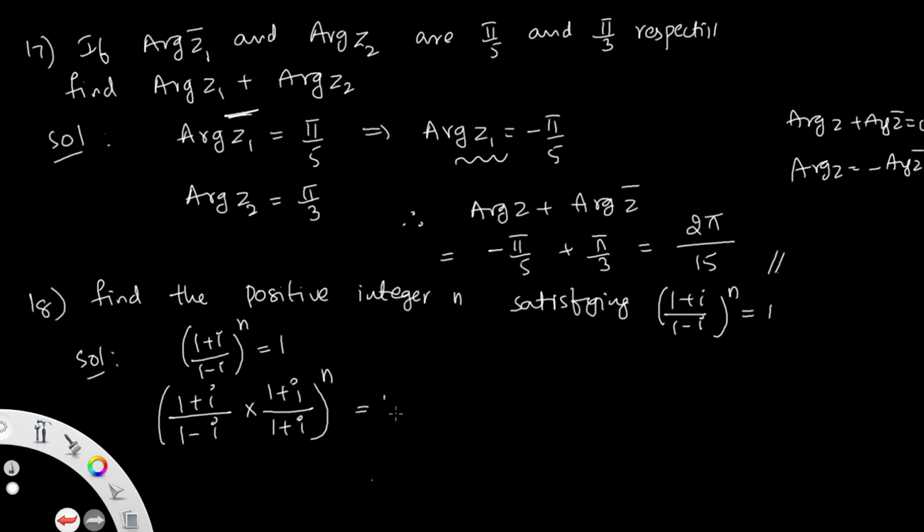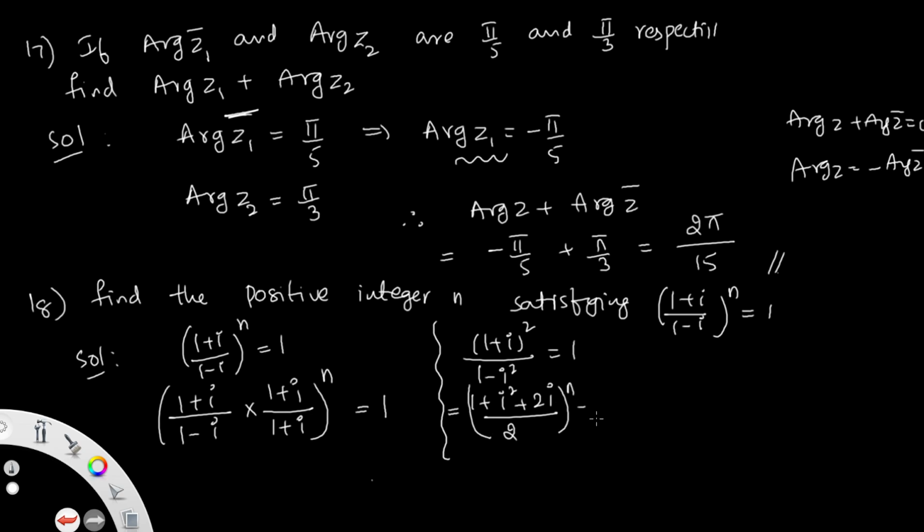The numerator is (1 plus i) whole square, that is a plus b whole square, and the denominator is (1 minus i)(1 plus i), which is 2. So we get 2i by 2, since i square is minus 1.